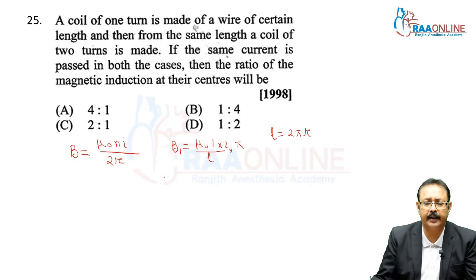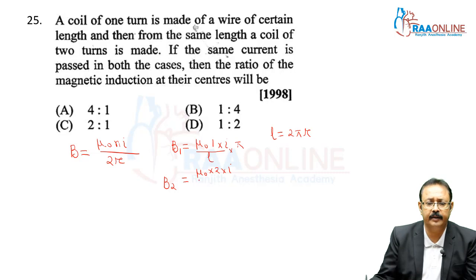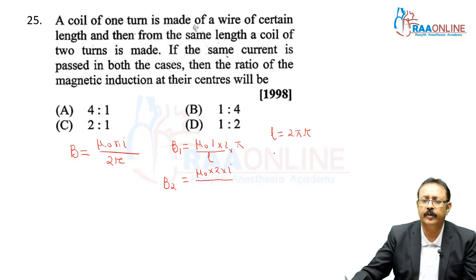What will happen in second case? We make 2 turns, mu naught N. Same current is there. What we should put?